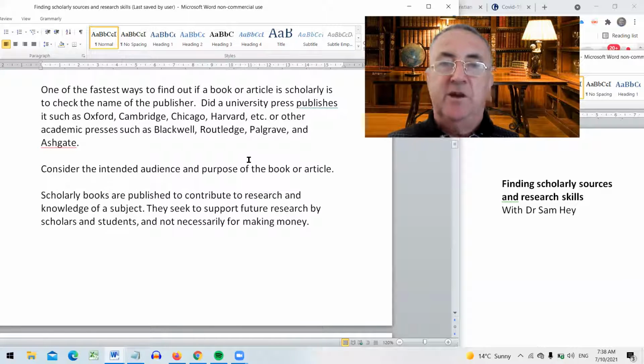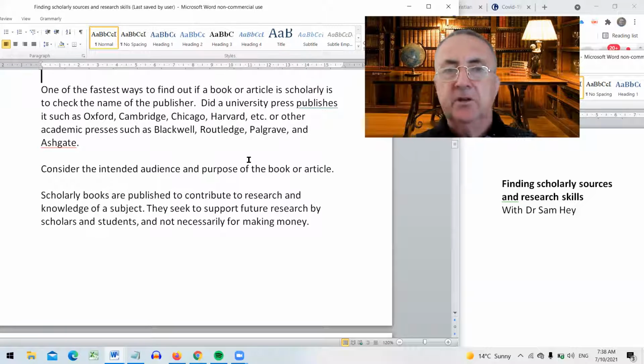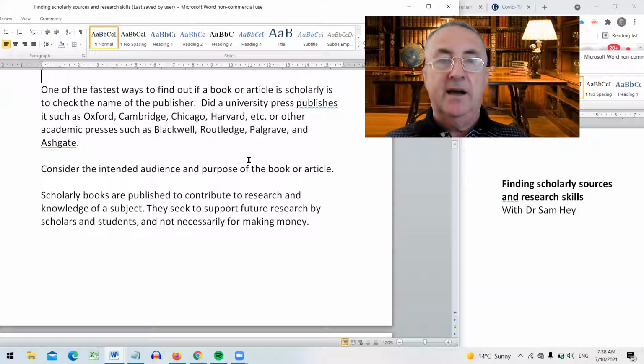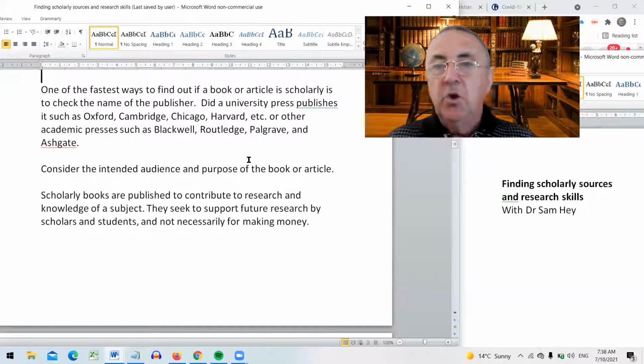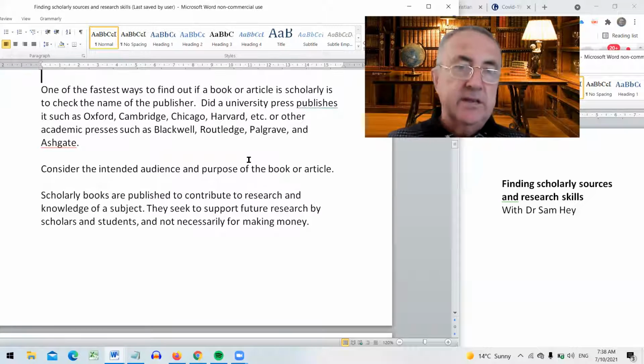One of the fastest ways to find out if a book or article is scholarly is to check the name of the publisher. Is it published by a University Press, Oxford, Cambridge, Chicago, Harvard? Is it published by an academic press, Blackwell, Routledge, Palgrave, Ashgate, and many more? Consider, who is the publisher? Is the publisher known for publishing scholarly resources?